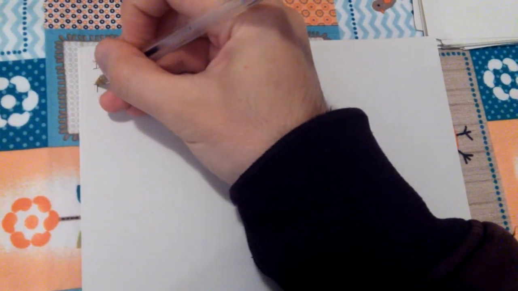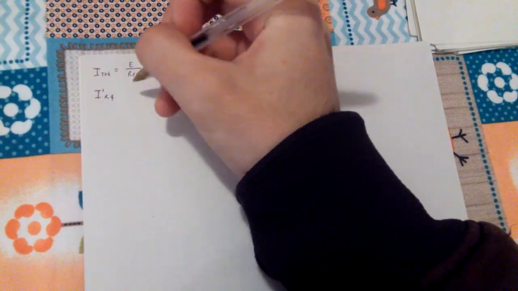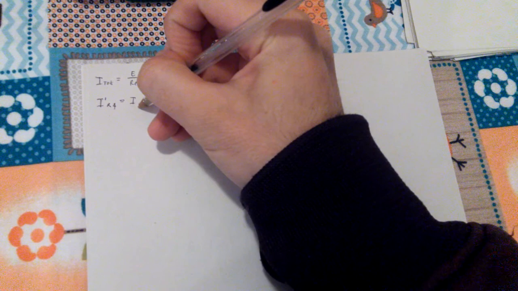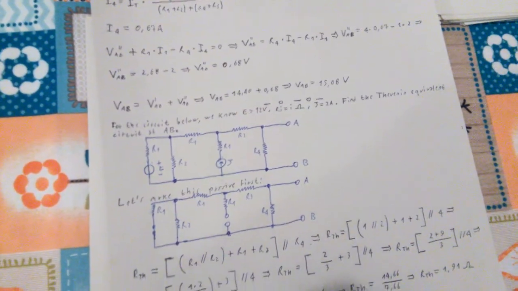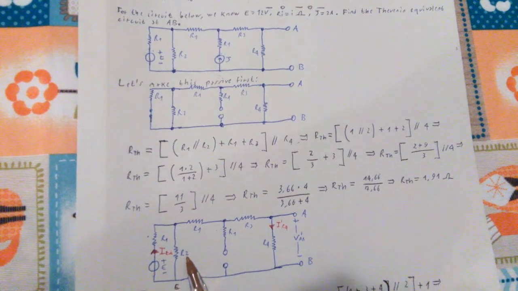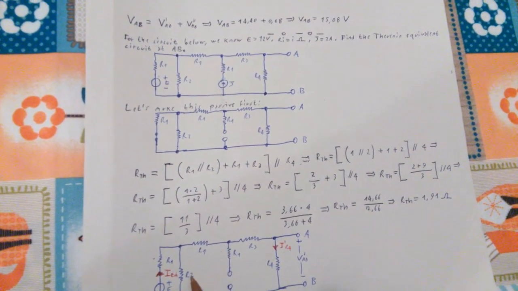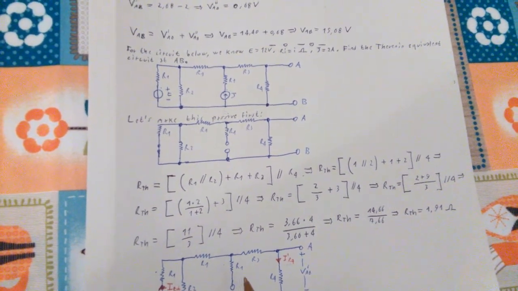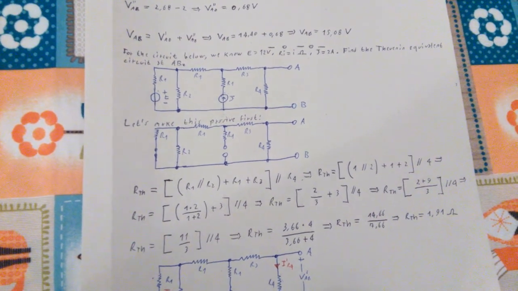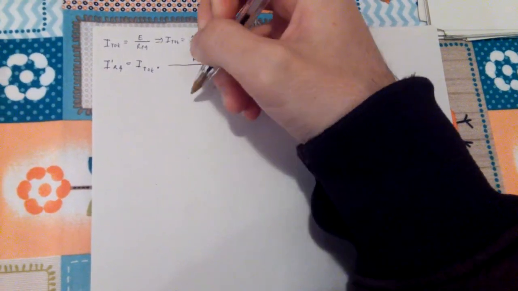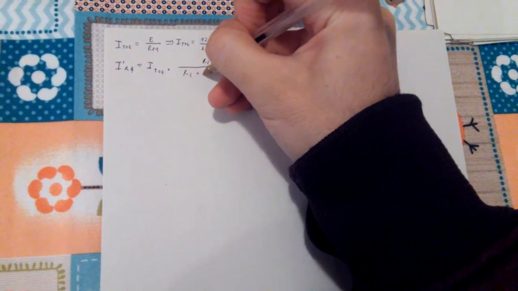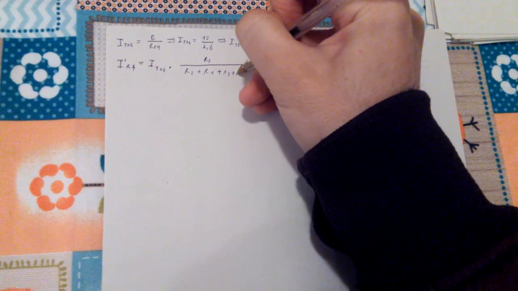Well, it is pretty simple, because I first R4 is going to be I total times R2 over R2 plus R1 plus R3 plus R4.